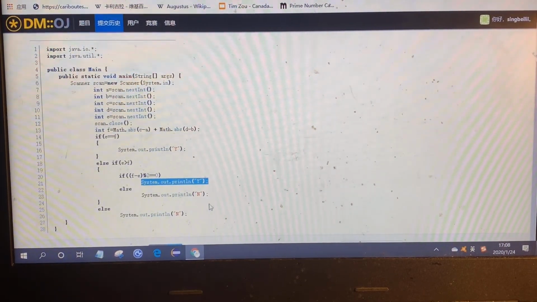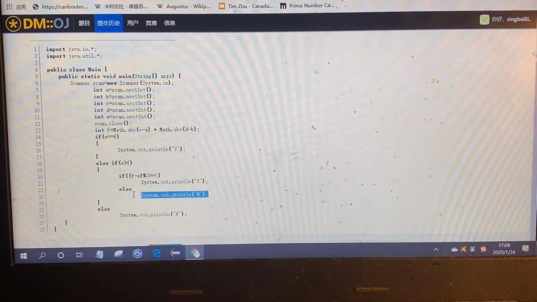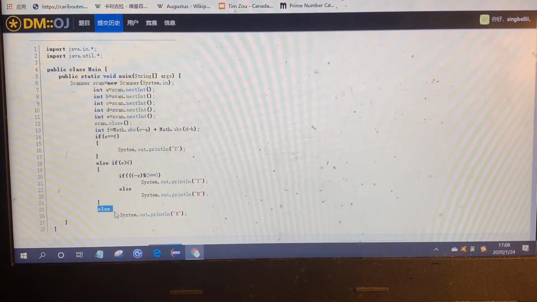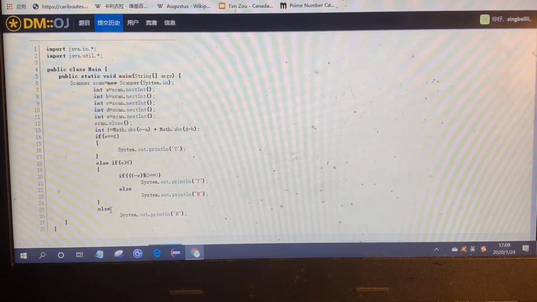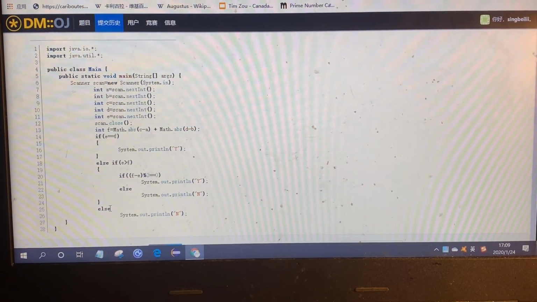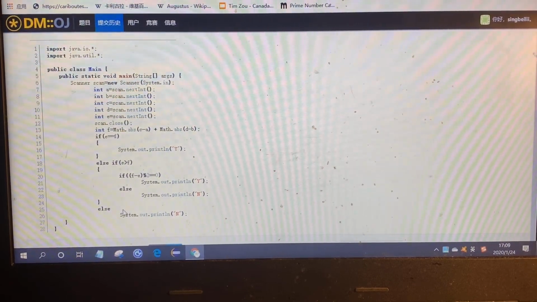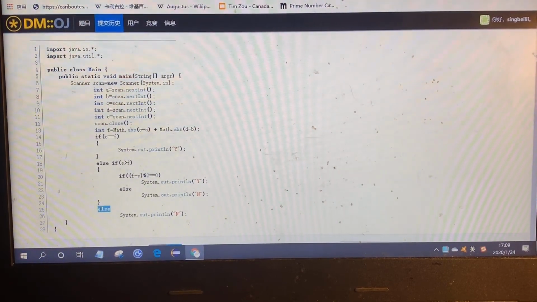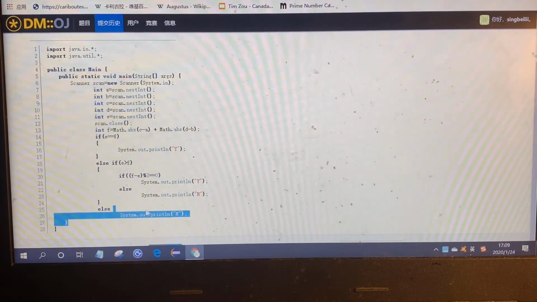Else, we just print out no. The last possibility is E is less than F, which means the energy is less than the smallest length required to get there. We'll just print out no directly.